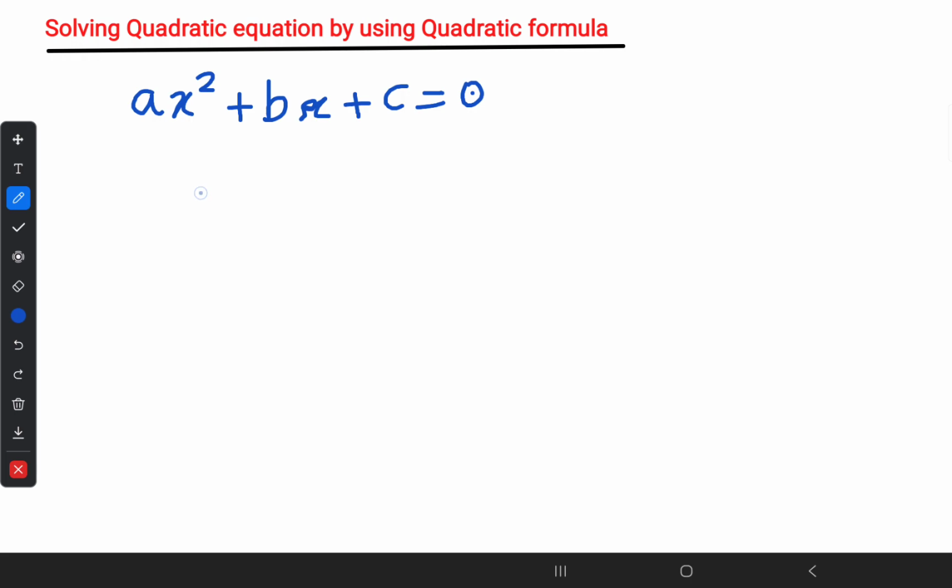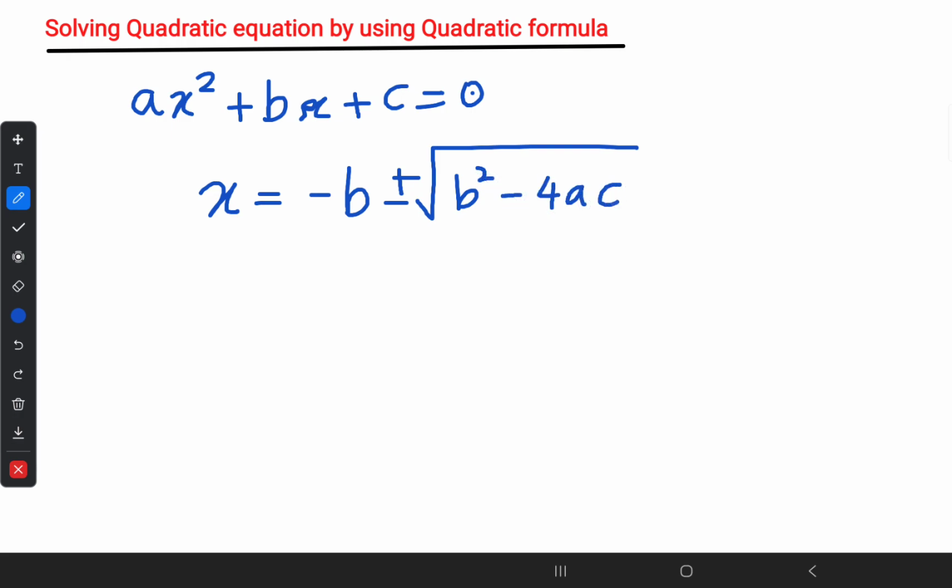So how to find that? We have a formula: x equals negative b plus or minus square root of b square minus 4ac, upon 2a. This is the formula you have to remember. It looks very difficult, but when you do at least 2 questions, it will become familiar.